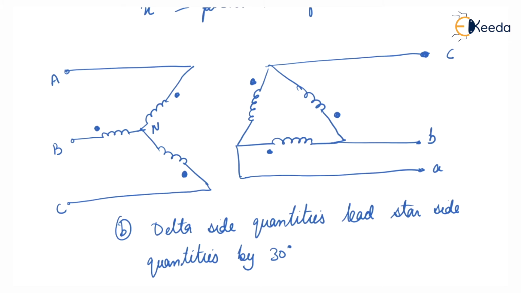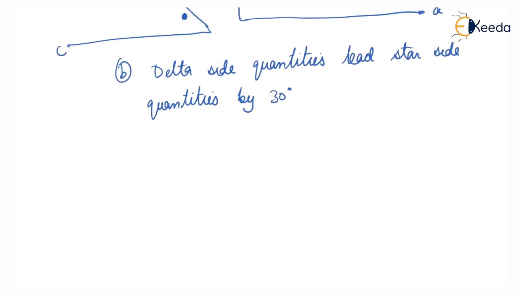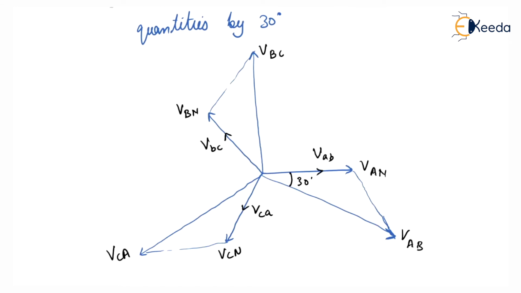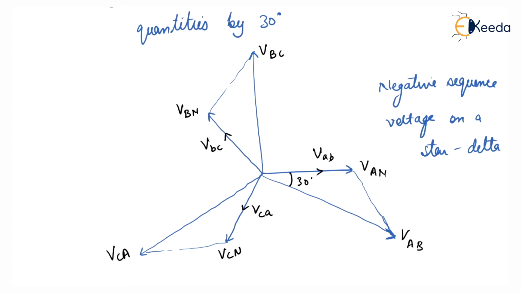So now it is excited by negative sequence voltage and current. So voltage phasor diagram will be like this. This is the phasor for negative sequence voltage on a star delta transformer.